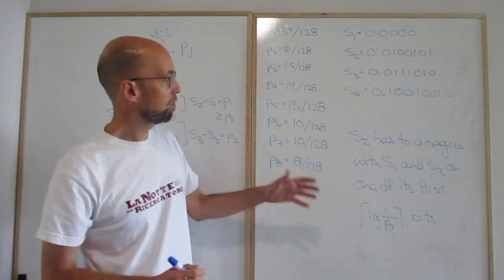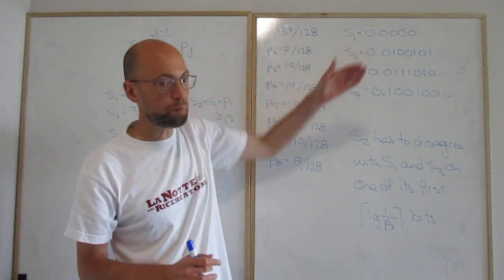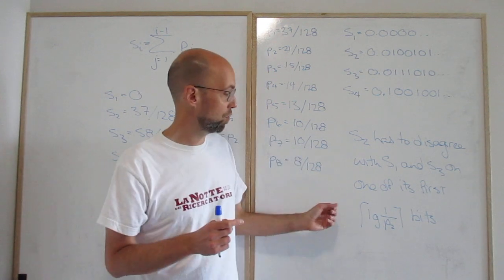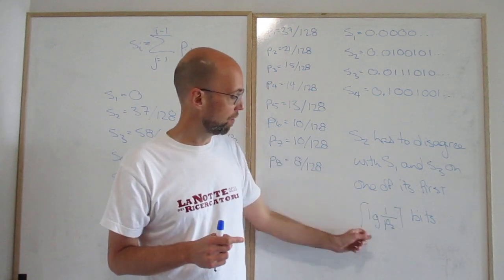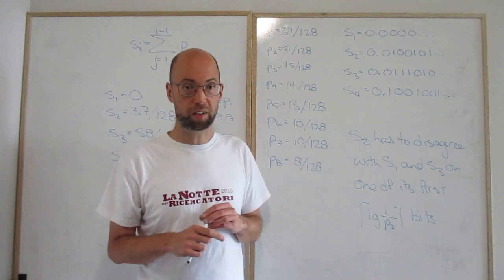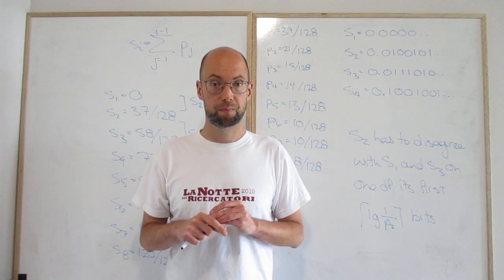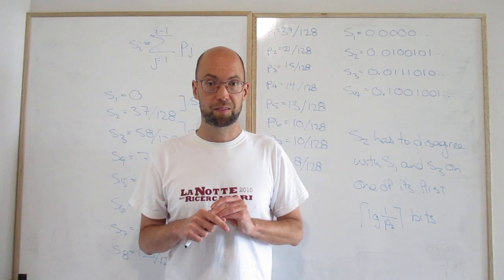Okay, because these numbers differ by at least P2, it has to disagree on one of its first ceiling log 1 over P2 bits.